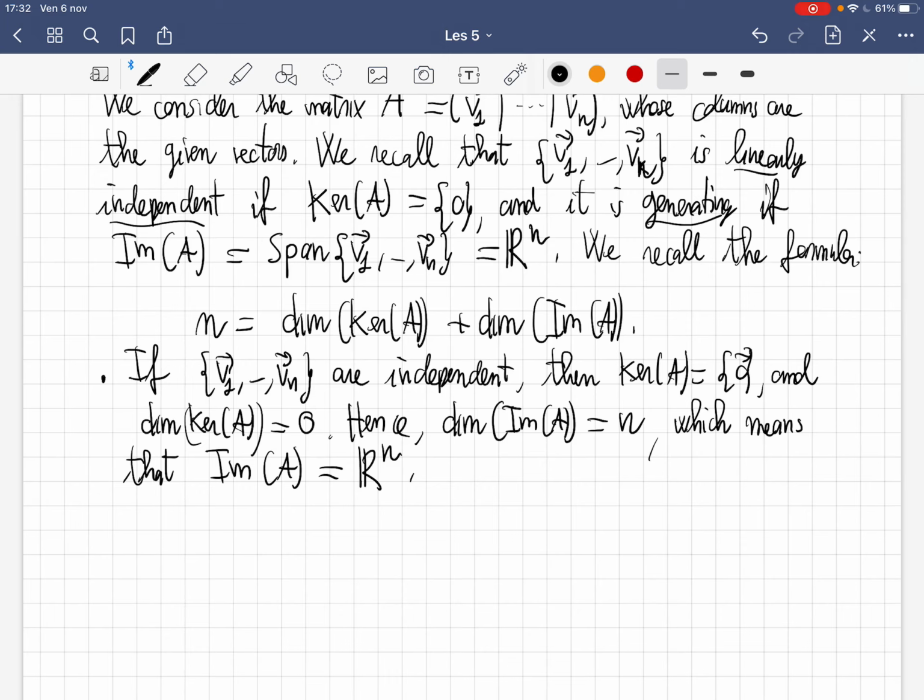Which means that the image is equal to R^n, hence this is by definition generating. Very good.